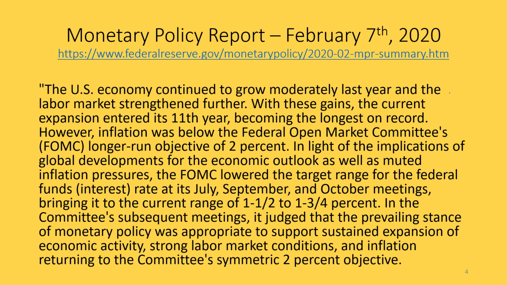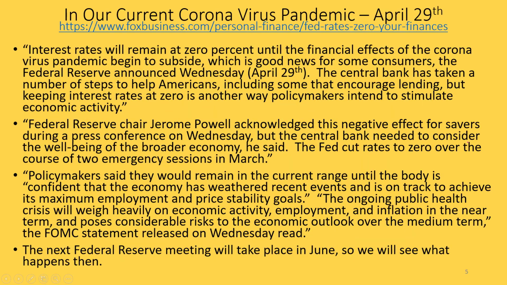Because they want to keep this expansion rolling, and inflation doesn't seem to be creeping up to the 2% level that they try to maintain. So with that in mind, more recently, during this coronavirus pandemic, where we are suffering from an economic decline, this is April 29th, which was the latest report I could get regarding the Fed's behavior.